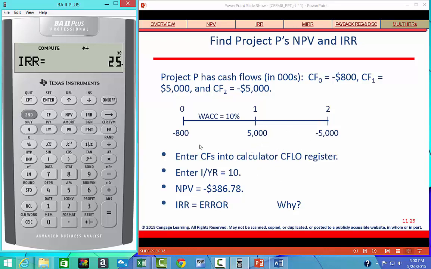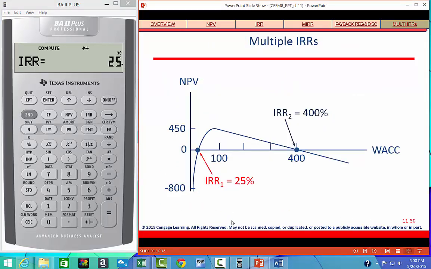So what I'm saying is every time there's a change in sign, negative to positive, positive to negative, this series has two changes in sign, so we'll have two internal rates of return. One of them is 25%, and the other one is some astronomically big number. And if we look over here at the NPV profile, you can see the first IRR we got was 25%, but then it has another IRR of 400%.